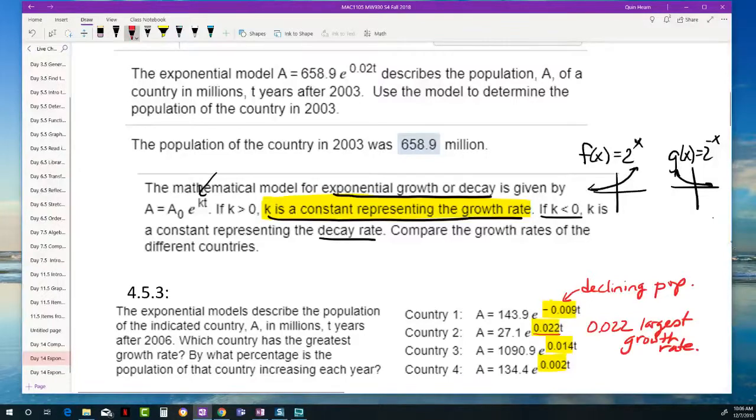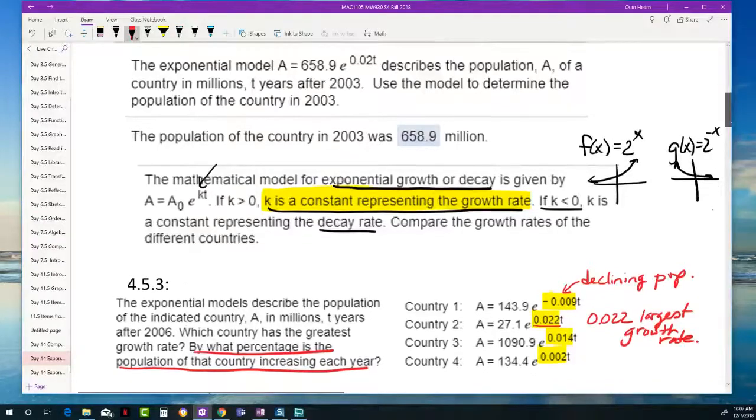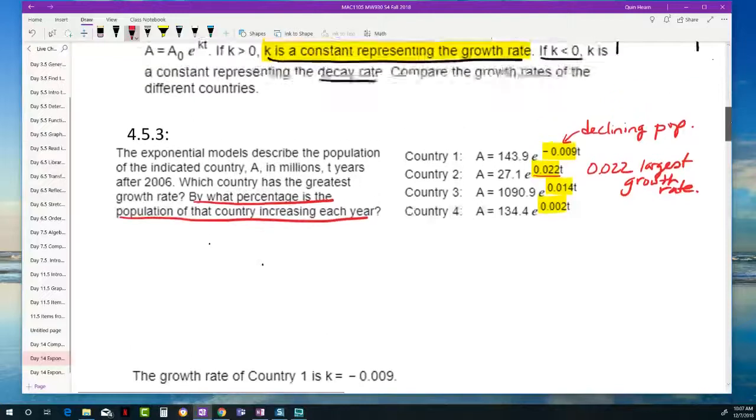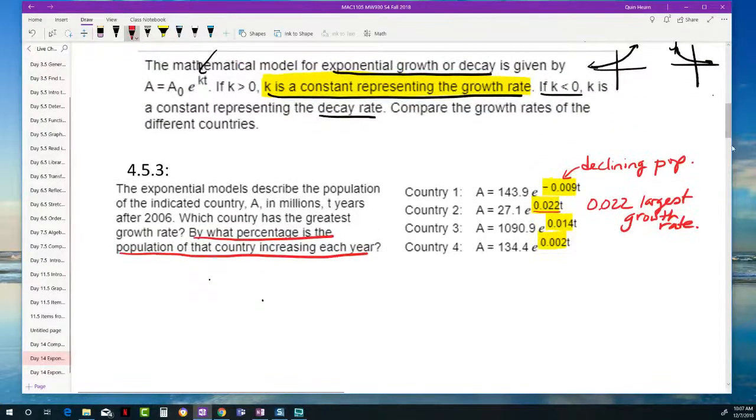And one interesting thing about the growth rate is if you wanted to know by what percentage the population of the country is increasing each year, you can actually just multiply the growth rate by 100 to get the percentage. So the percent would be 0.022 times 100%, which is 2.2%.